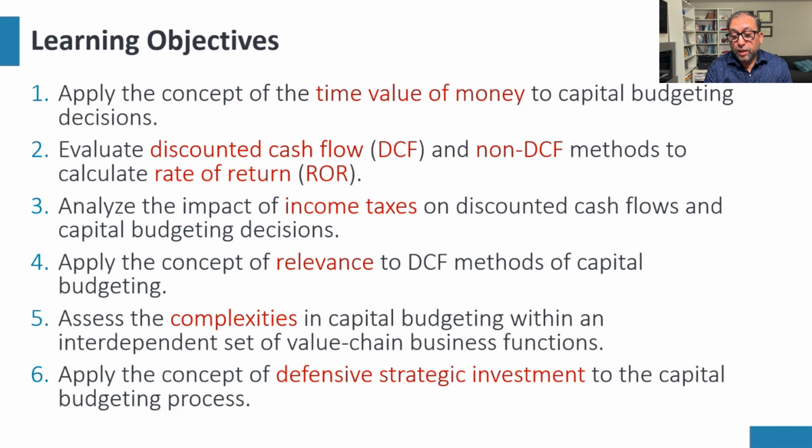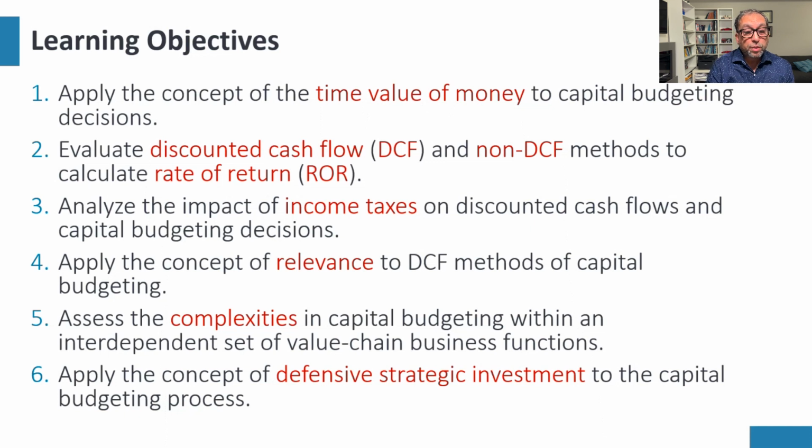So this is the method in accounting or in finance we use to determine whether the project is successful or not, or whether we have to invest in it or not. Analyze the impact of income taxes. As we know, the tax shield concept we already discussed, and in finance we discuss it in much more detail, but here we are focusing only on income tax on discounted cash flows and capital budgeting decisions.